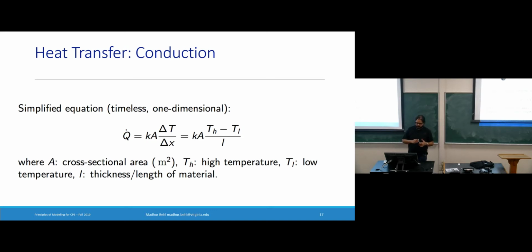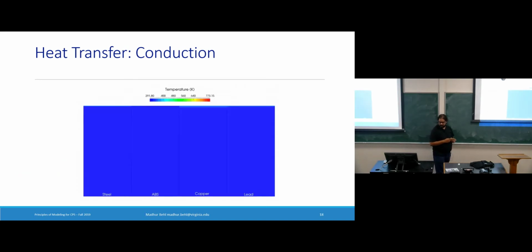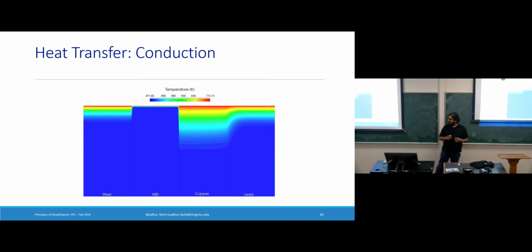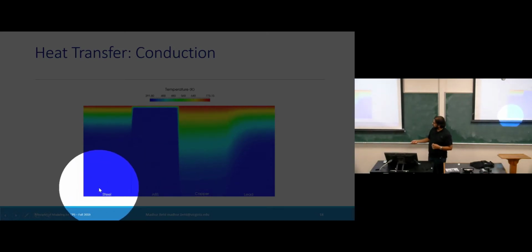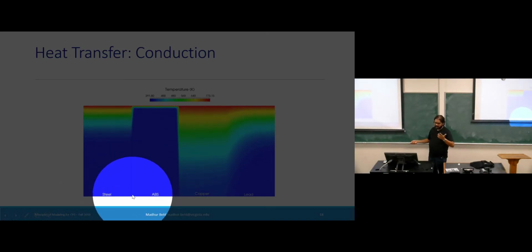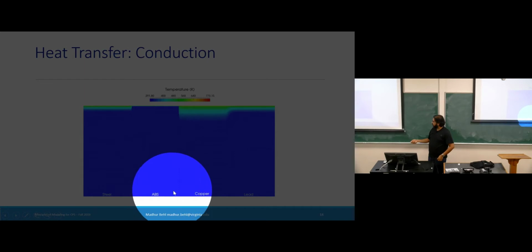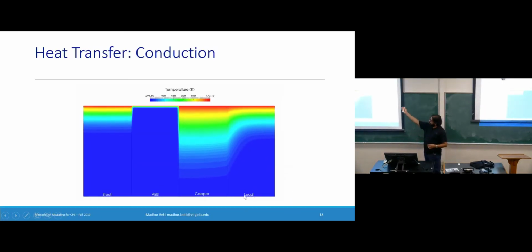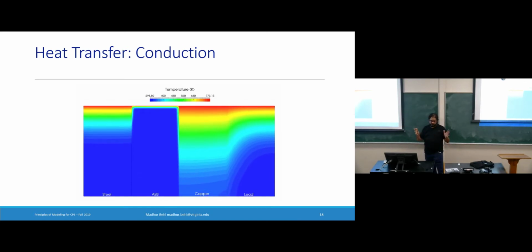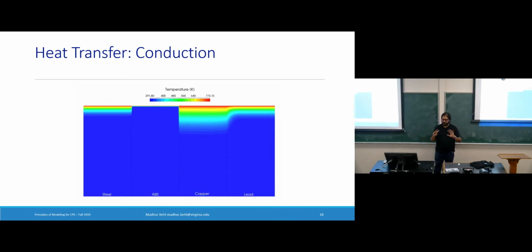So A is the cross-sectional area, T is the temperature, and L is the thickness. Just so that you also see this visually, this is a simulation where on the bottom you have 4 different materials: steel, ABS, which is automotive grade plastic or acrylic, copper, which is a very good conductor, and then there is lead. Each of these columns has the same width, the same depth, the same cross-sectional area, everything.